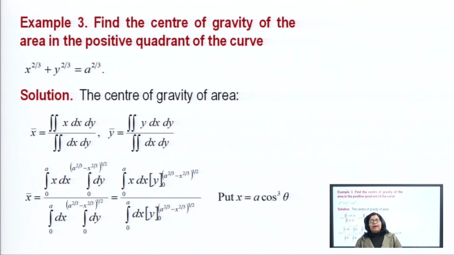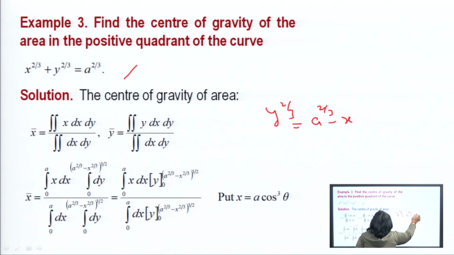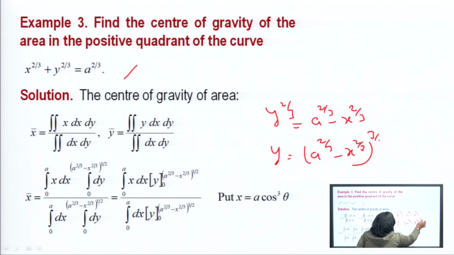So, using the equation of the curve, y power 2 by 3 is equal to a power 2 by 3 minus x power 2 by 3, so y is equal to (a power 2 by 3 minus x power 2 by 3) power 3 by 2, and y goes from 0 to (a power 2 by 3 minus x power 2 by 3) power 3 by 2, and find the limits for x.